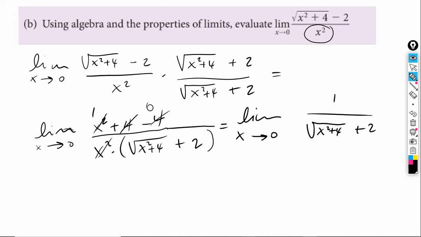And notice that now if we plug in 0, the expression will not be undefined. So now we can just plug in 0, and this will equal 1 over the square root of 0 squared plus 4 plus 2. And this is the same as 1 over the square root of 4 plus 2, which is the same as 1/4.